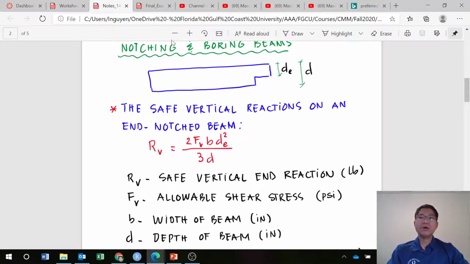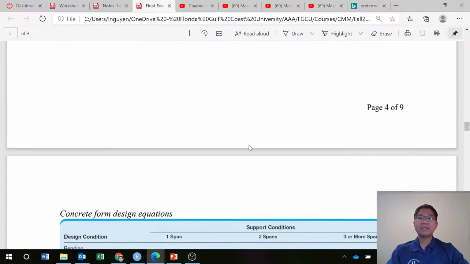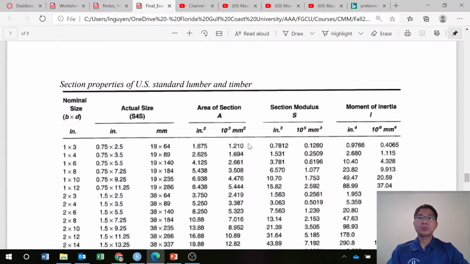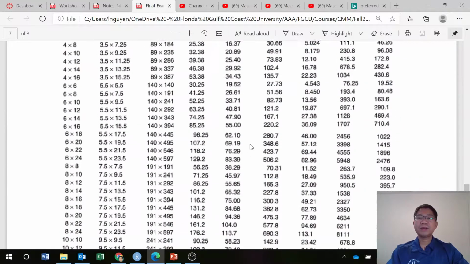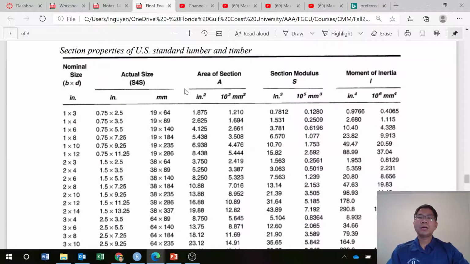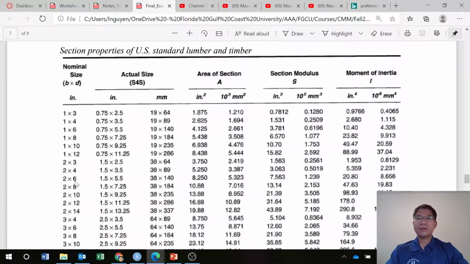Let's go to the final exam reference again. Go down further to page 7. If you go to Lowe's or Home Depot and say, okay, I want to buy a 2x4, that is the nominal size of the cross section.